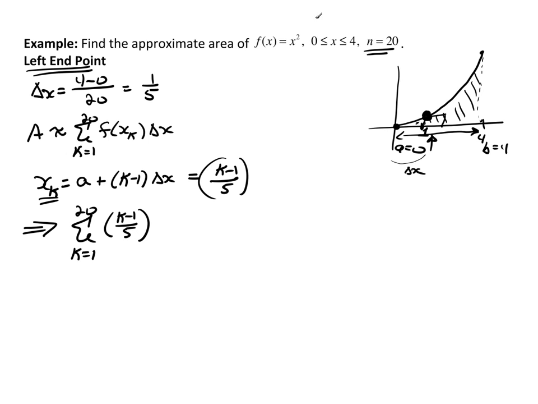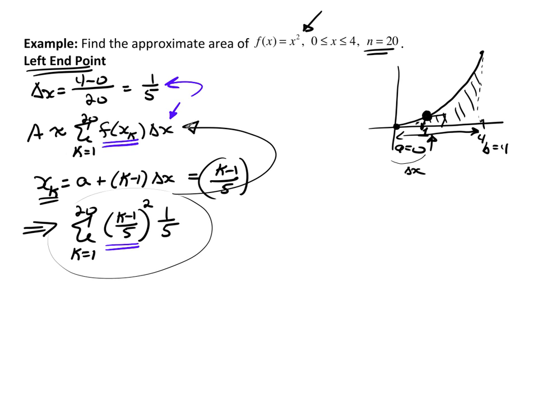But the function is x squared, so this would be squared times delta x. Well, hang on, let me step back for just a second. This right here is the representation of f of x sub k. Now I need to multiply it by delta x. But delta x was 1/5, so I'm going to simply multiply this by 1/5. So now I have this representation of my original definition or estimation of the area based on the left endpoint.